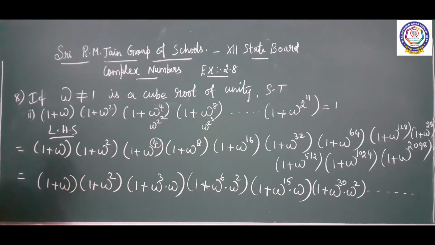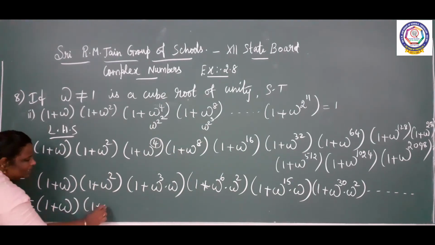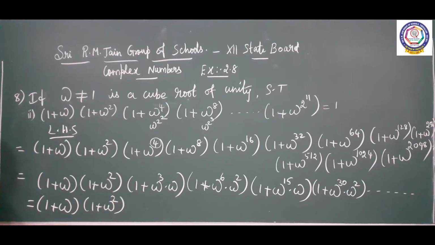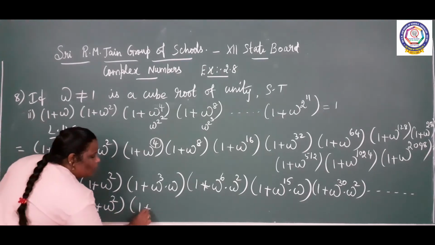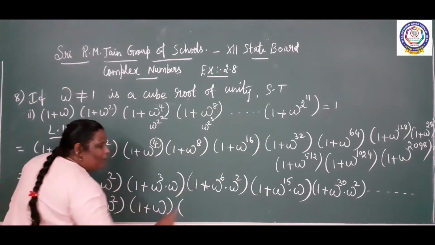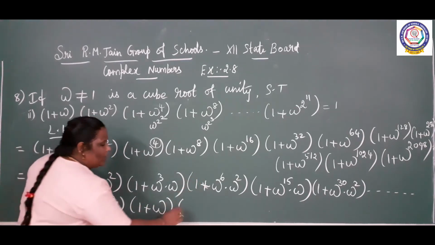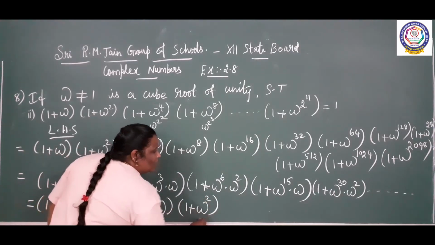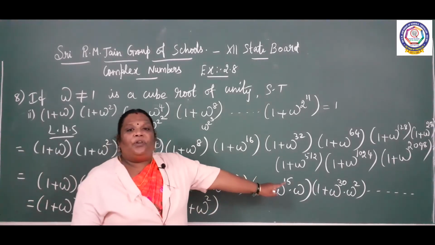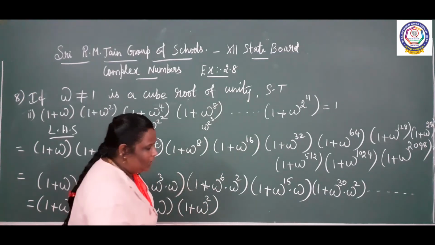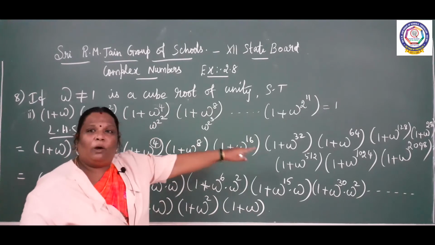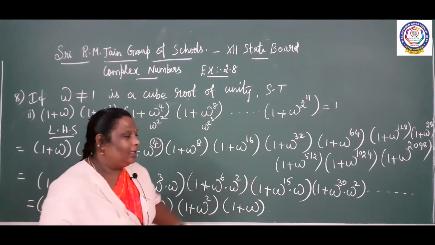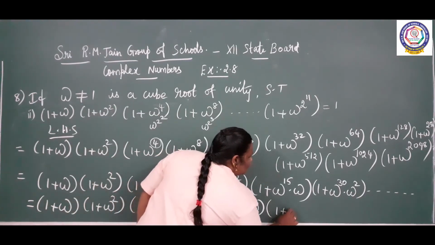See here, 1 plus omega, 1 plus omega square. Omega cube value is 1. So again you will get 1 plus omega. Omega power 6 value is also 1. Again you get 1 plus omega square. Omega power 15 is also a multiple of 3. You are getting the value 1, 1 plus omega. Omega power 30 is also a multiple of 3, so 1 plus omega square.